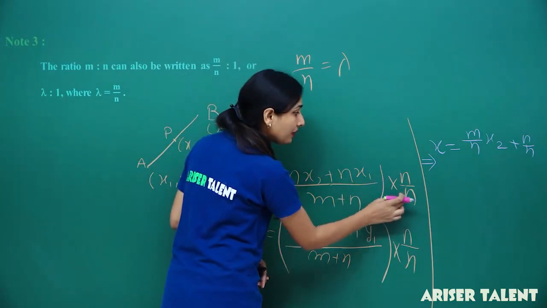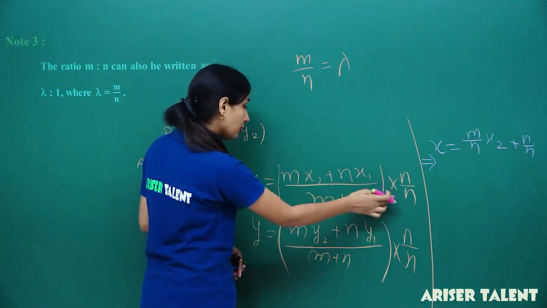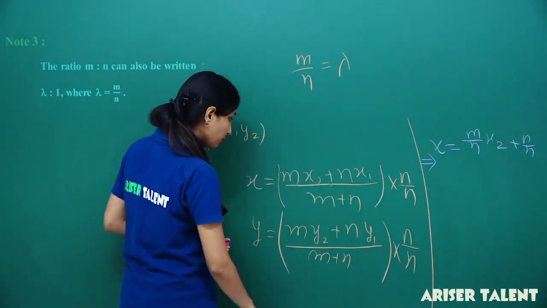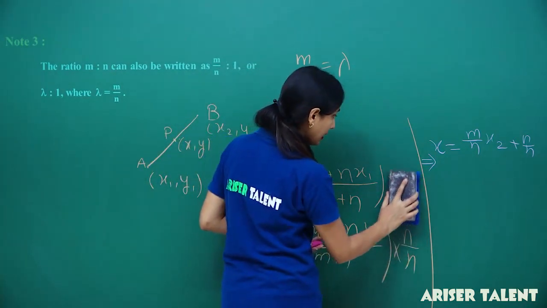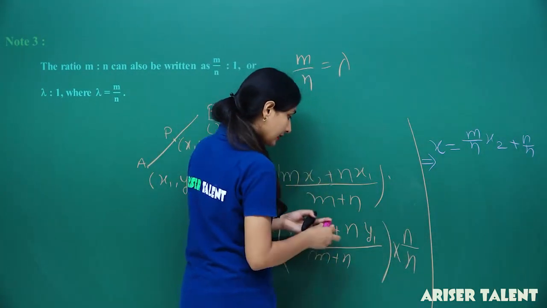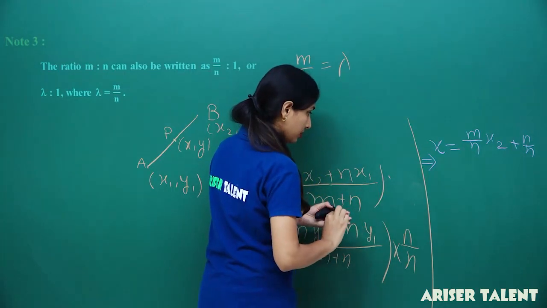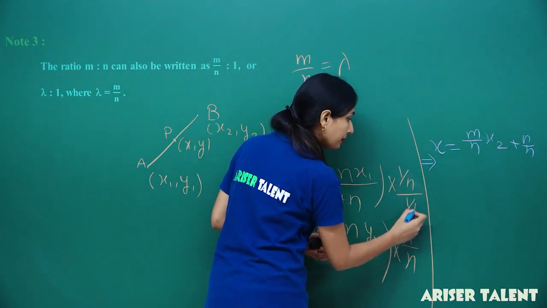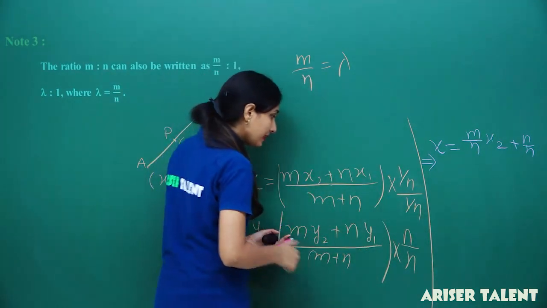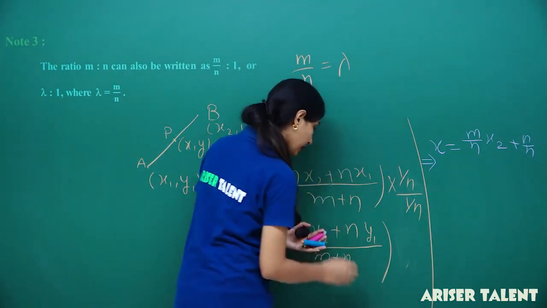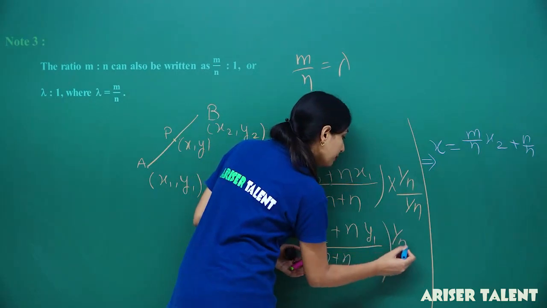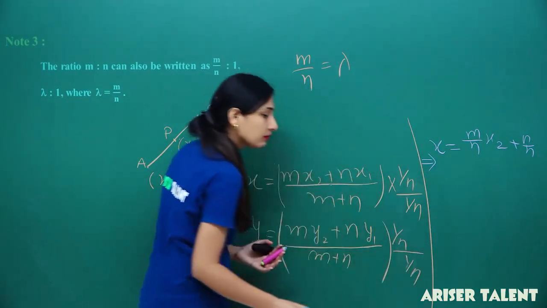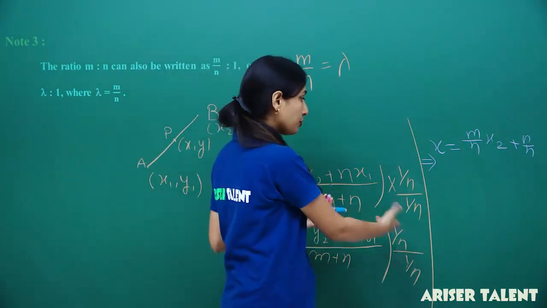Or else you can simply write it as multiplied by 1 by n and also 1 by n here. Now you will understand it better. Again here that will be 1 by n and 1 by n. Right? So in short it's 1.